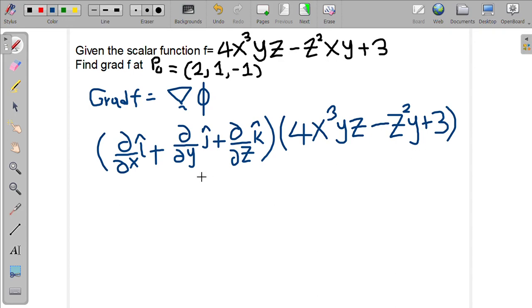But to save on time, we will just find the derivative of this with respect to x, then add the derivative of this with respect to y, then add the derivative of this with respect to z. So the derivative of this with respect to x is 3 multiplied by 4, which is 12, so 12x squared yz.